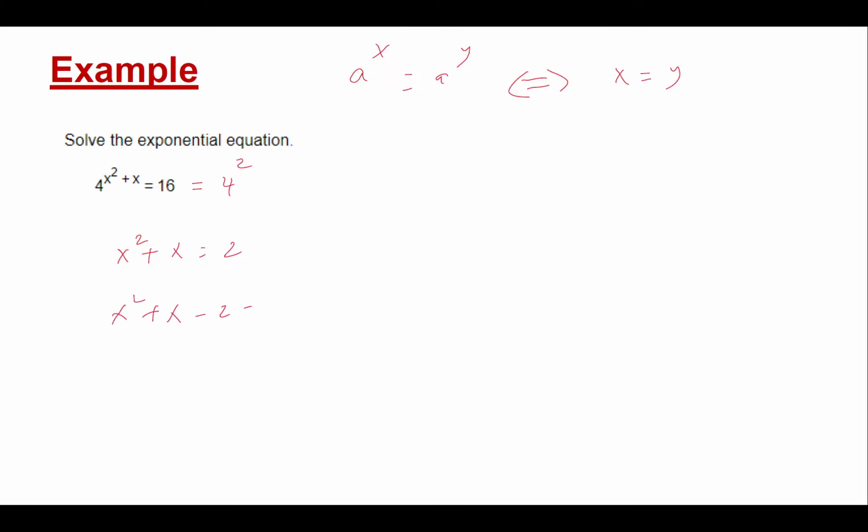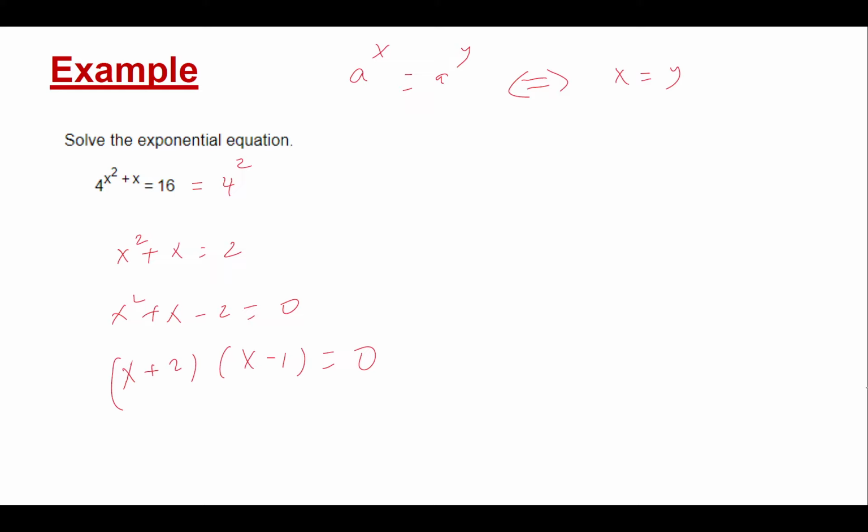We can bring this 2 to the left side and we can solve this. For solving this, we can use the factoring method, or we can use the quadratic formula. Here, we have x squared plus x minus 2, which factors as x plus 2 times x minus 1.